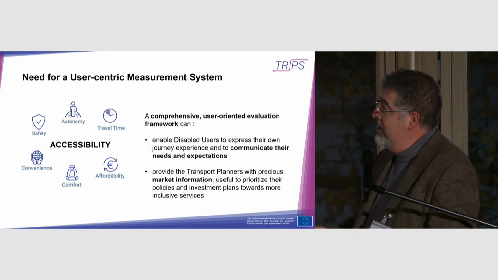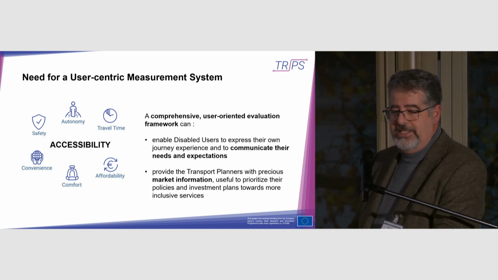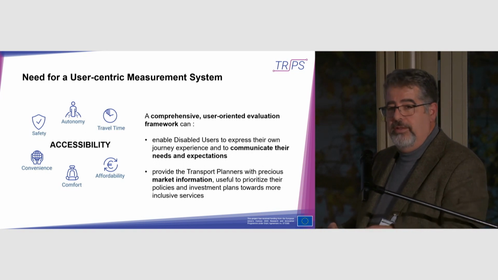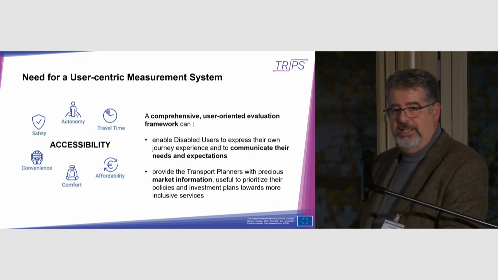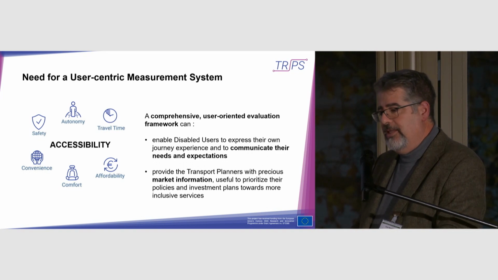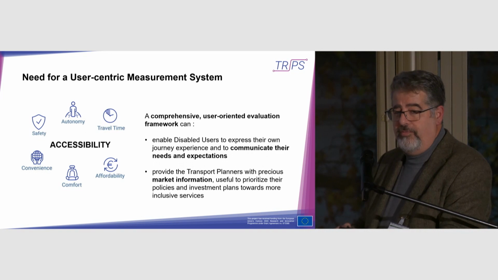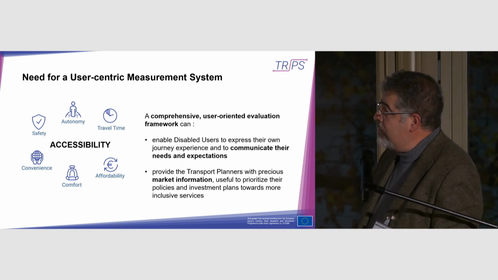We have grouped into these 6 dimensions all the aspects that can determine a problem of accessibility from the point of view of our end users.